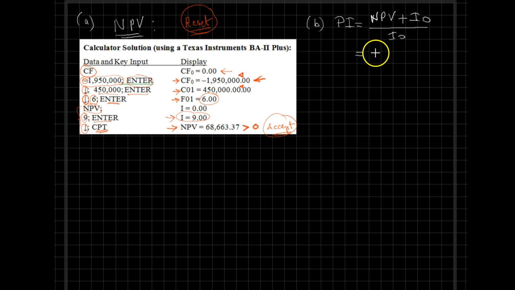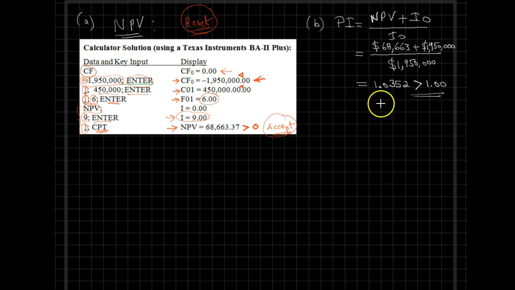As a result, the profitability index in our example will come out as the net present value of $68,663 plus the initial outlay of $1,950,000, all divided by $1,950,000. Doing this calculation, the profitability index comes out as 1.0352, and again this number is greater than 1, and as such the project is definitely acceptable.